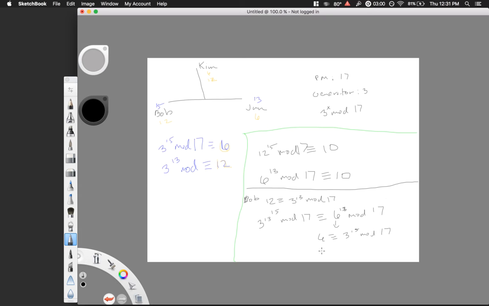So this calculation is the same as 3 to the 15th to the 13th mod 17.